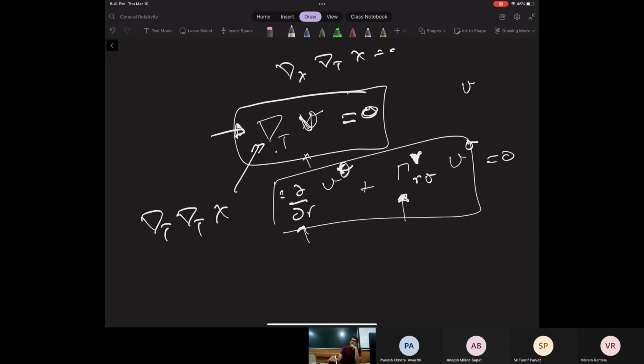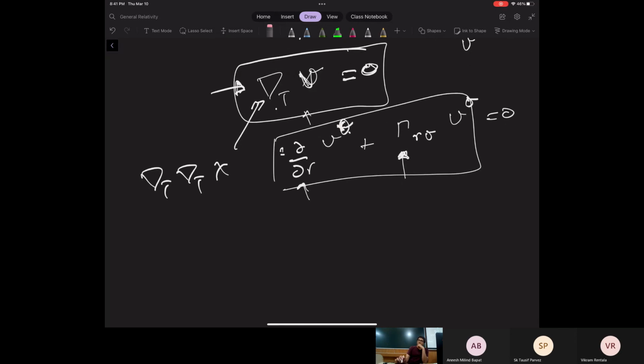V has both a theta and an R component, right?